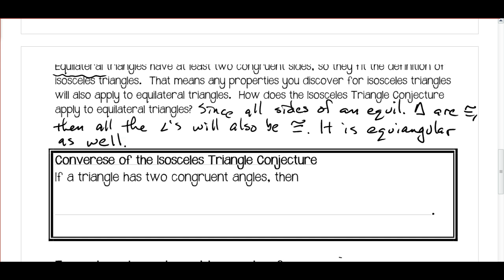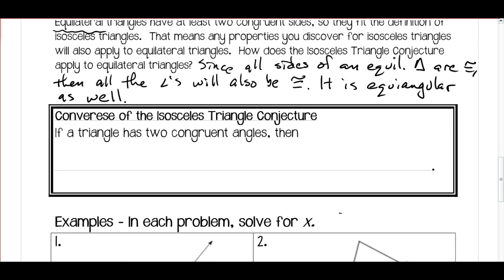Equilateral and equiangular are talking about the same triangle. Now let's look at the converse of the isosceles triangle conjecture. It says if a triangle has two congruent angles, then it is isosceles.